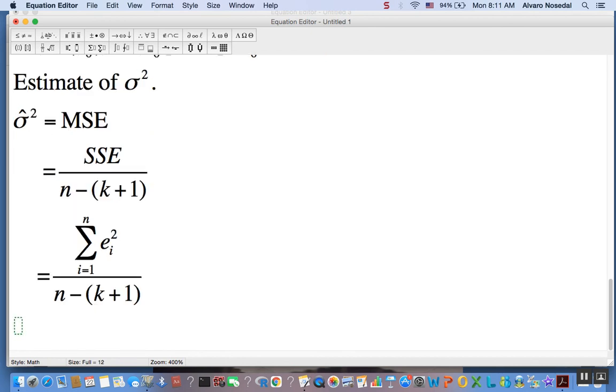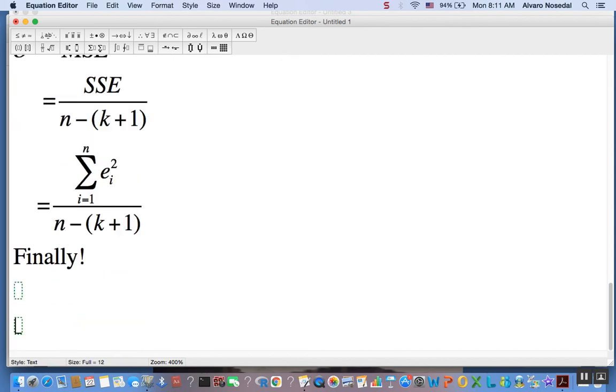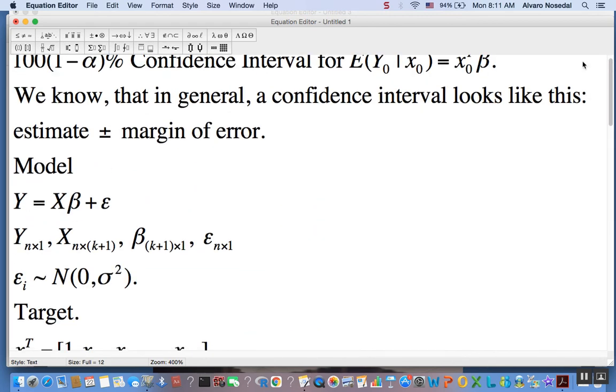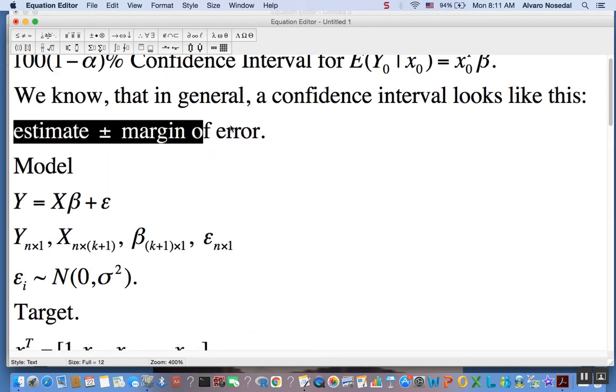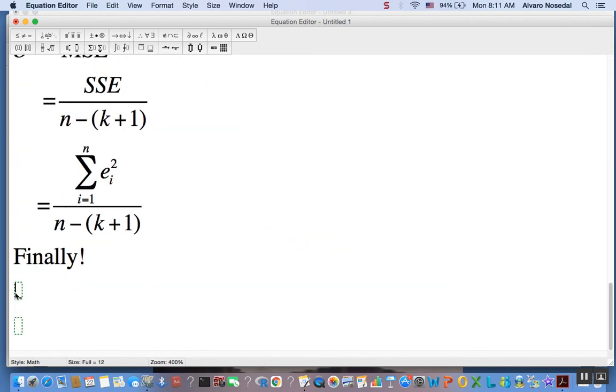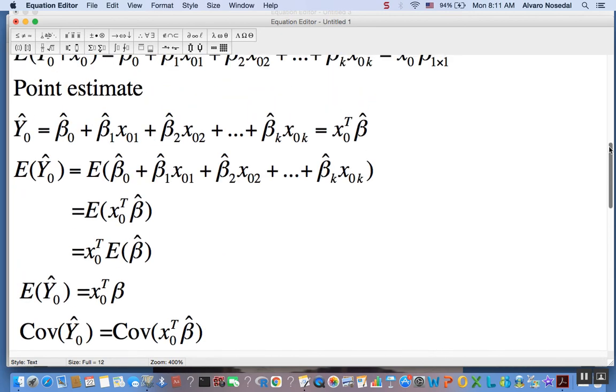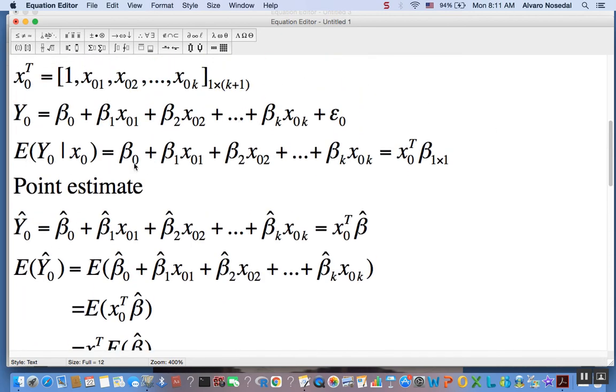So finally, we said our confidence interval looks something like this: estimate plus minus margin of error. Our target was this x0 transpose times beta, right?